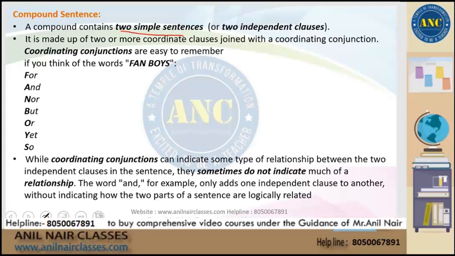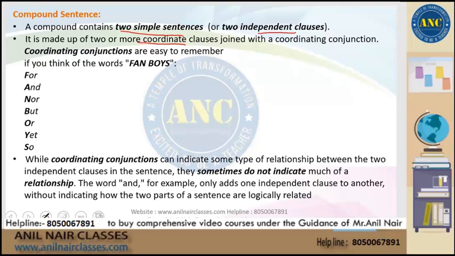We've learned that simple sentences are also called independent clauses because clauses by themselves make complete sense. Compound sentences are made of two or more coordinate clauses joined with a conjunction, a coordinating conjunction. Conjunctions are those parts of speech that help join two or more sentences, right?